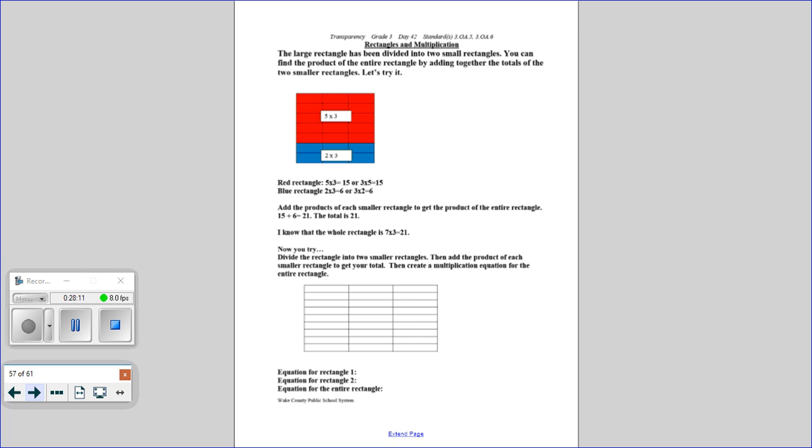So we took this huge rectangle and broke it into 2 smaller rectangles, a blue one and a red one. Go ahead and draw a line across so you know where the blue one is and the red one is. The bottom one is blue, it's 2 by 3, and the top one is red, it's a 5 by 3.